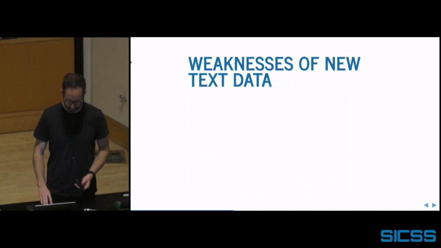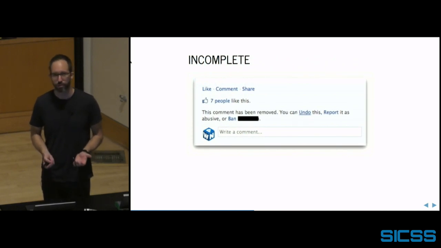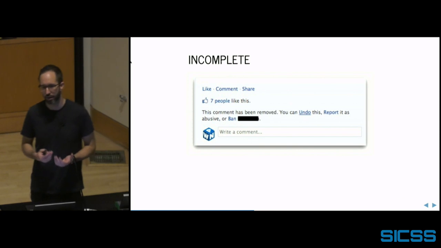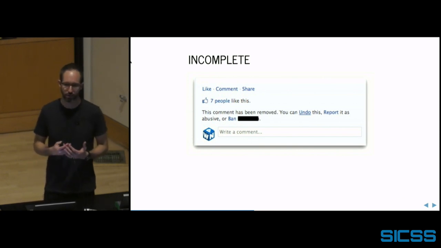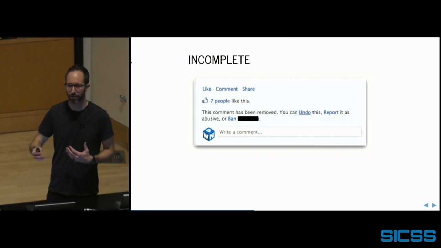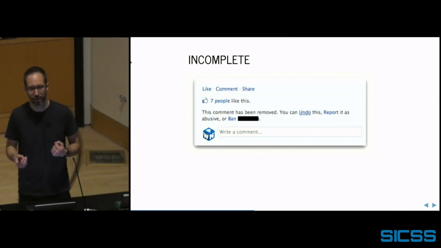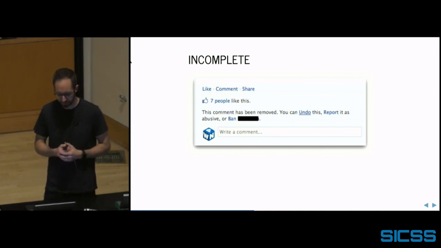On to the weaknesses. There are many. So first one, and this is a relatively straightforward one, is that digital trace data are often incomplete. So if you want to go study something like incivility or harassment on the internet, years ago you could visit Facebook fan pages and fairly easily obtain data on user behavior, users interacting with each other around, let's say, a political post.